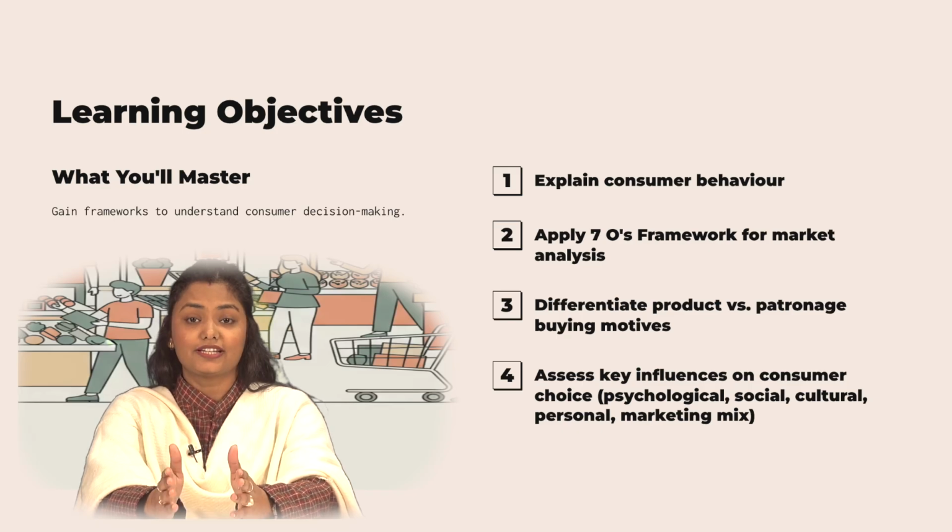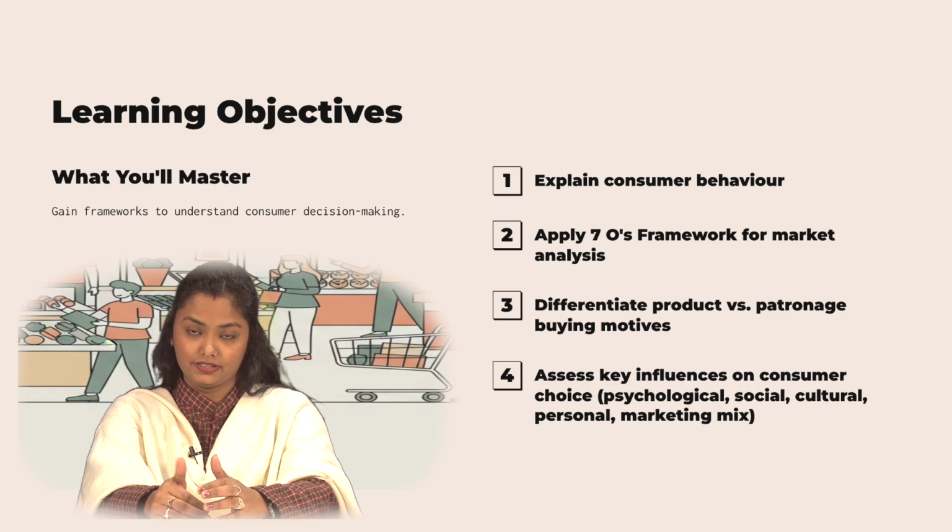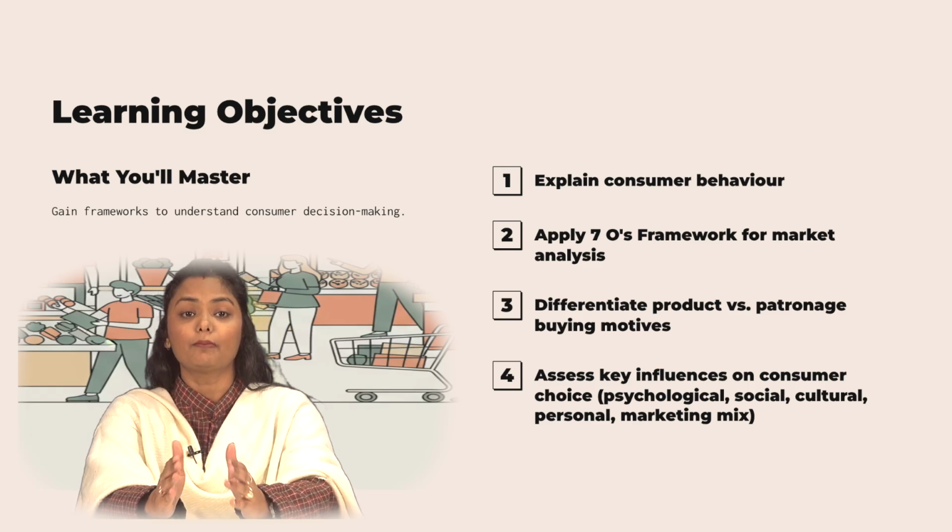Before we understand the core concepts, let us outline our learning objectives for this session. By the end of this lecture, you will be able to, first, articulate the fundamentals of consumer behavior and its significance in marketing strategy. Second, apply the 7 O's framework to dissect the market systematically.